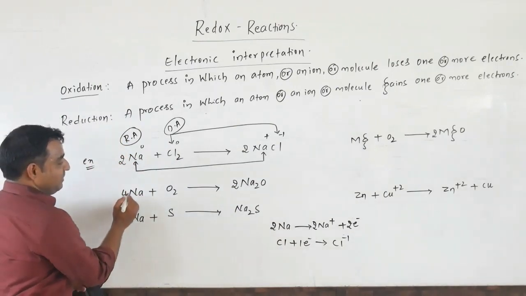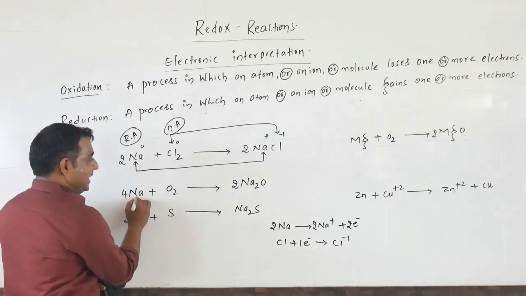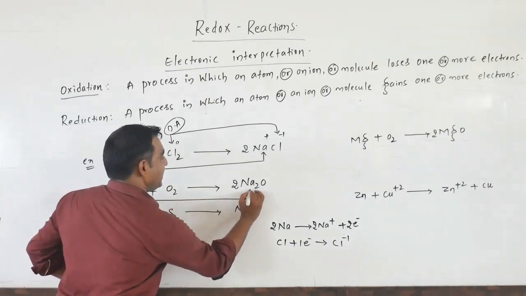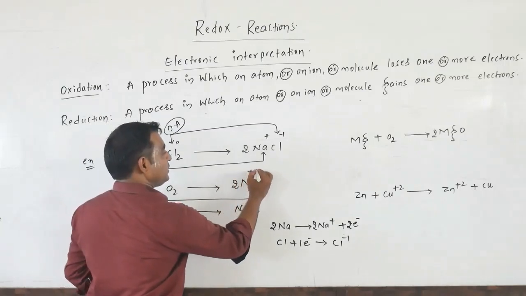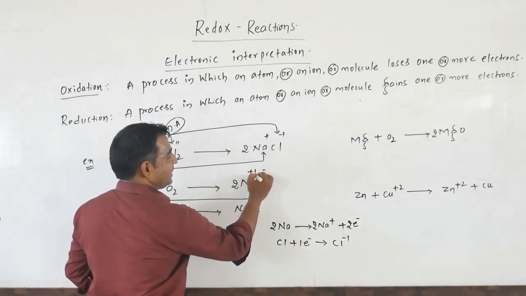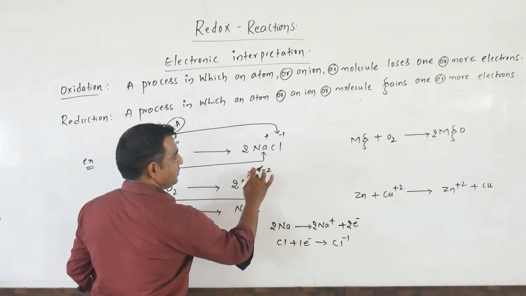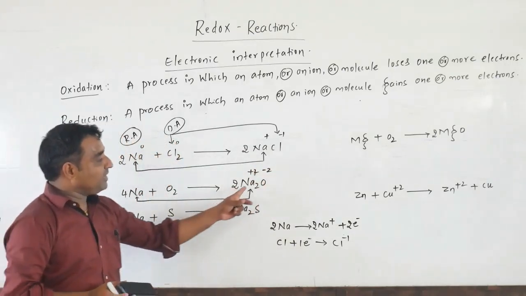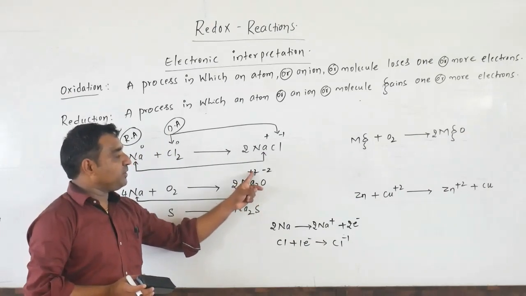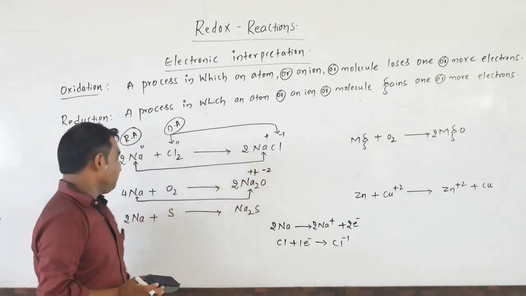So now sodium loses the electron to form sodium plus. Here plus 1, here minus 2, here it is plus 2. Two sodiums are there, each having plus 1 charge, hence we write plus 2. Here O is minus 2.